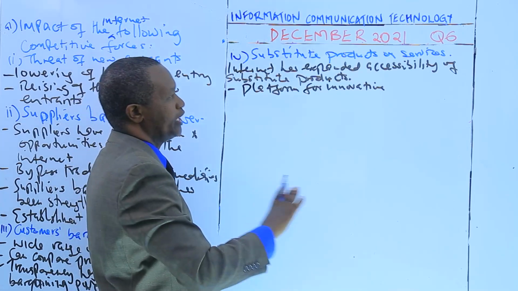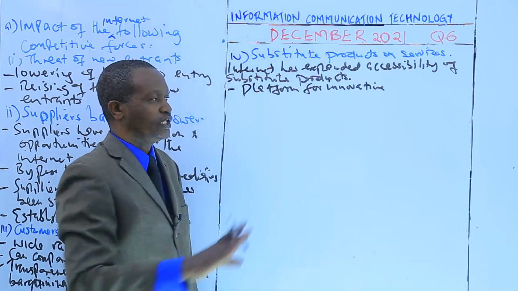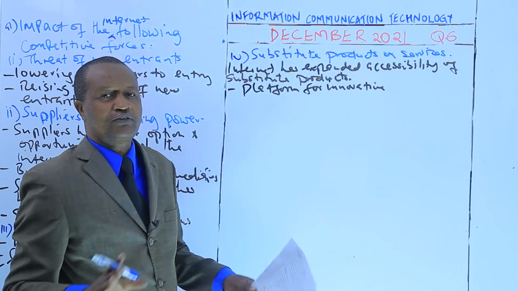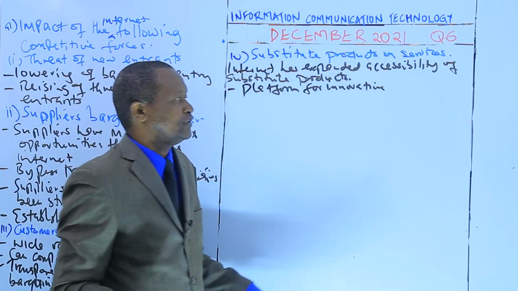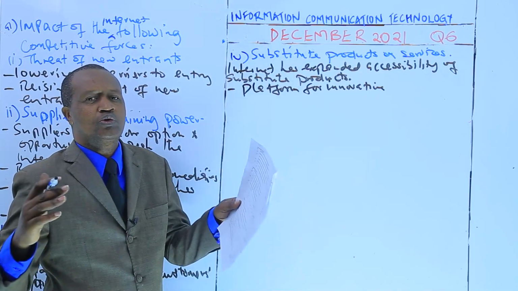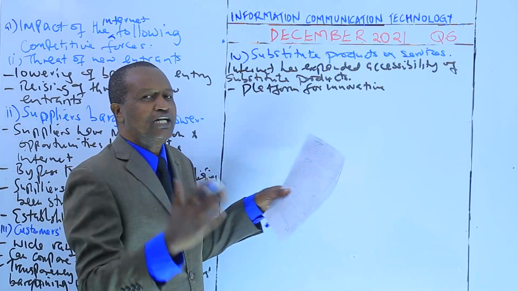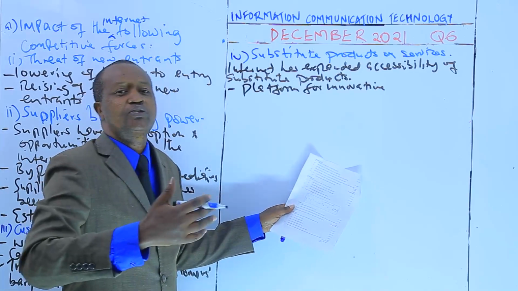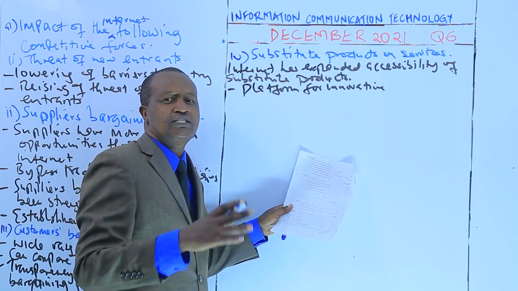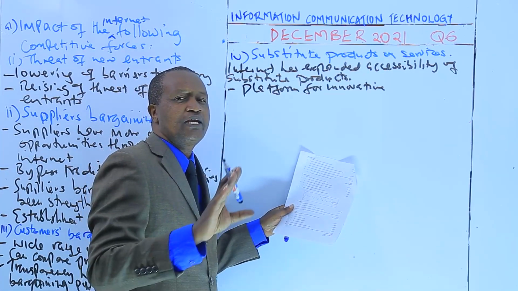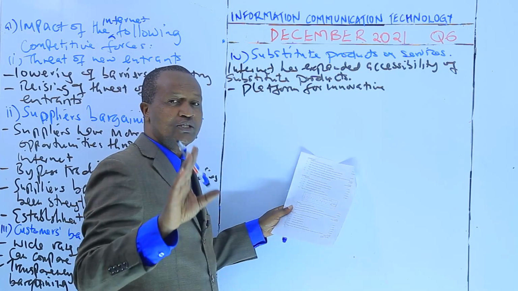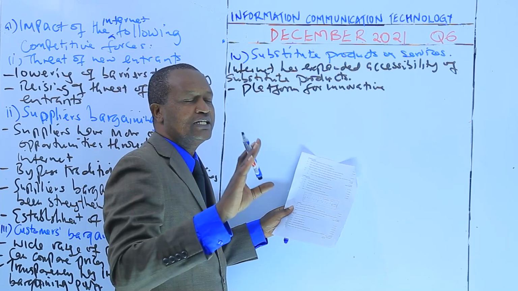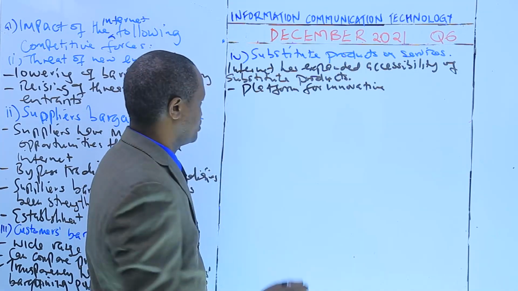Innovative ways of doing business, innovative ways of delivering services, and so on. It has provided a platform for innovative substitutes to emerge and challenge the established offerings, increasing the threat of substitution in many industries. It has done what? It has increased the threat of substitution.